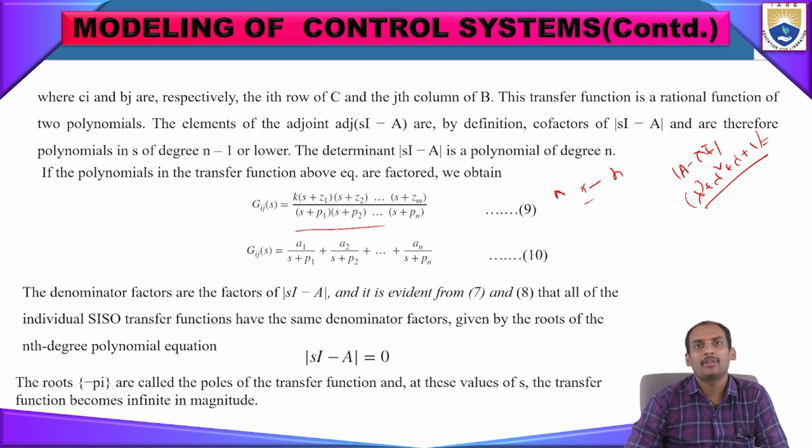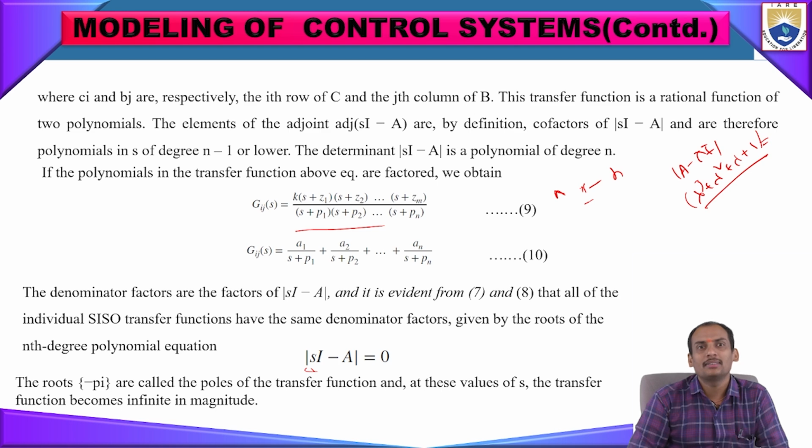So the denominator of sI minus A is evident from the previous equation. All individual SISO transfer functions will have the same denominator, because the denominator function will be the same, given by the roots of the nth degree polynomial of sI minus A only. The roots Pi are called the poles of the transfer function.